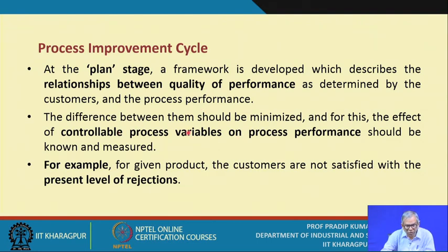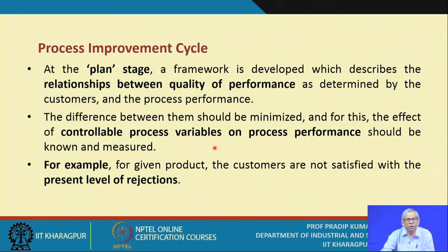The difference between them should be minimized, and for this the effect of controllable process variables on process performance should be known and measured. That means always related to a particular process there are the control parameters. Against a particular quality of performance, you need to have process performance through an exercise called the process settings.